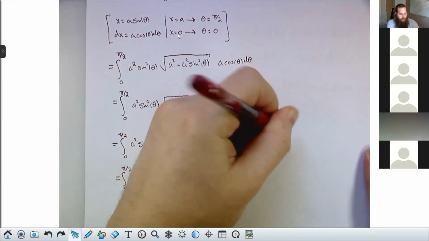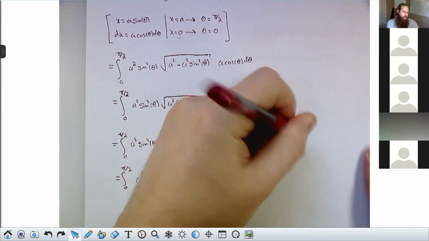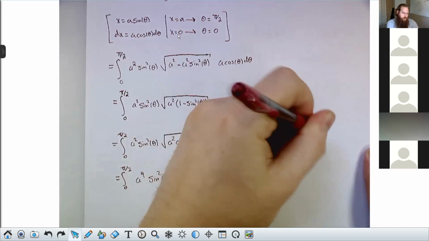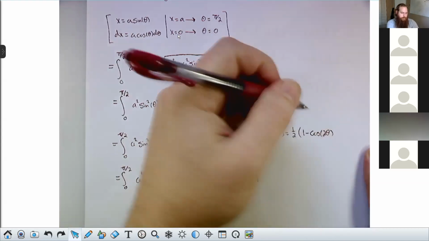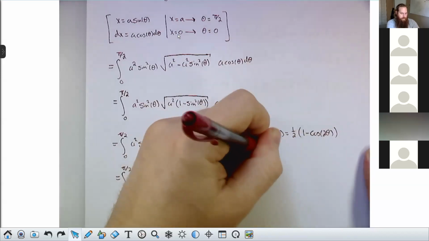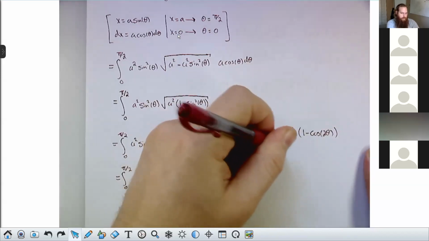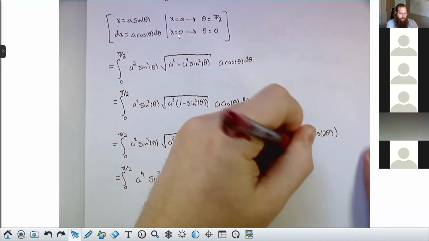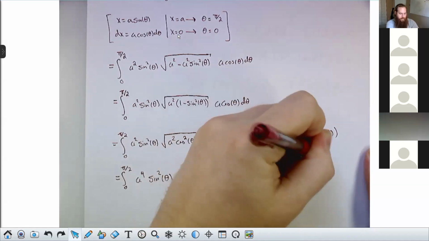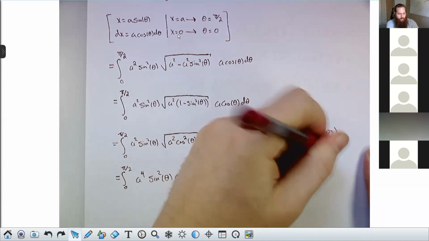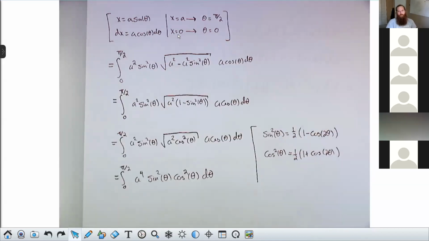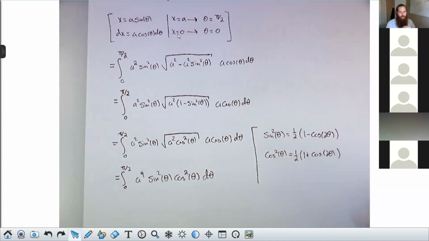Sine squared theta equals 1/2 times 1 minus cosine 2 theta, and cos squared theta equals 1/2 times 1 plus cos 2 theta. And we will need the modified version of one of those down the line here. So I'm going to leave a little bit of space for more identity work.